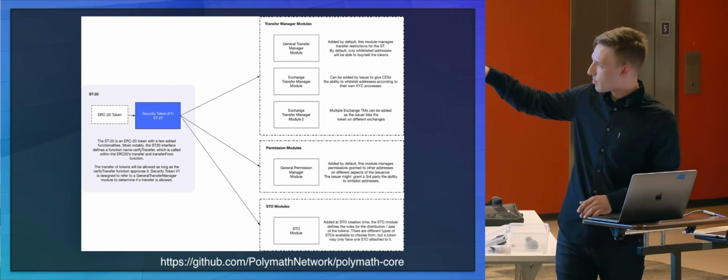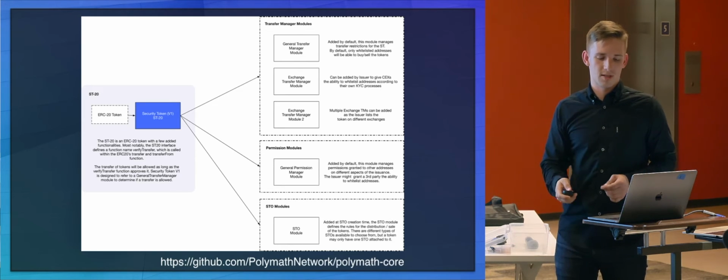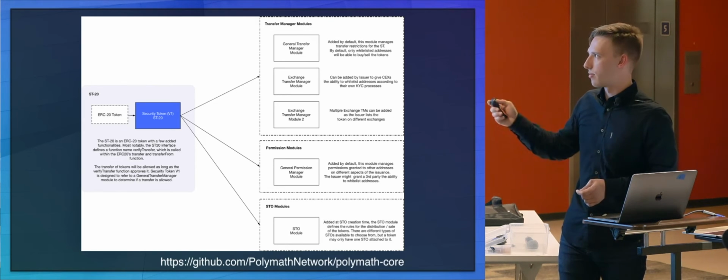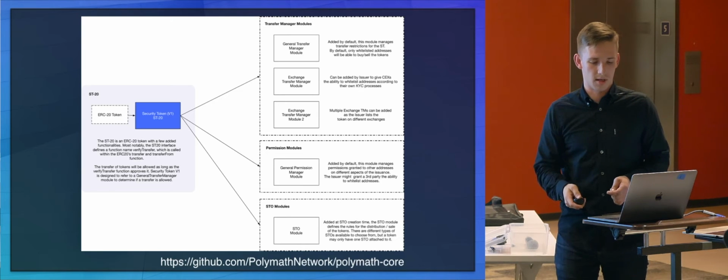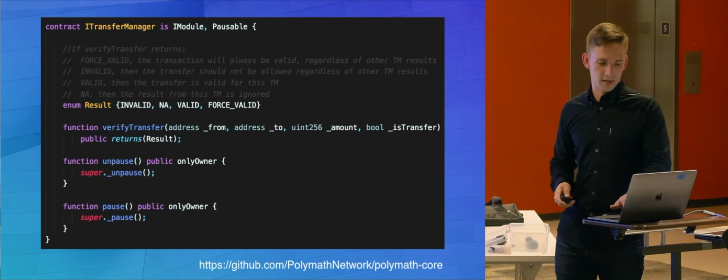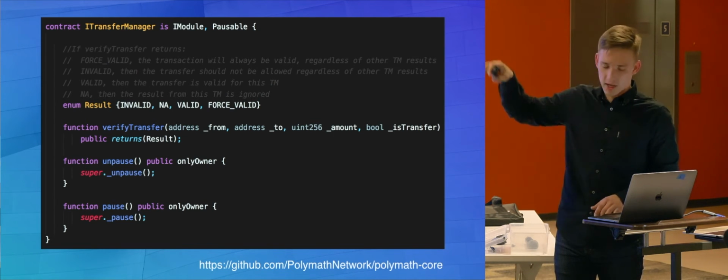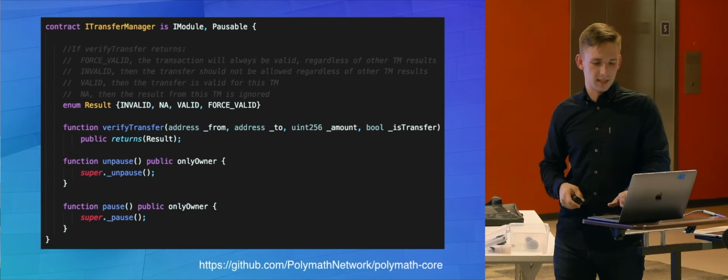And then permission modules are modules that allow the issuer to give role-based access control to other accounts to manage the whitelist on, say, one of those transfer manager modules. So let's look at the transfer manager interface. I'm going to ignore the inherited general module because it's mainly concerned with how to take fees in Poly tokens.